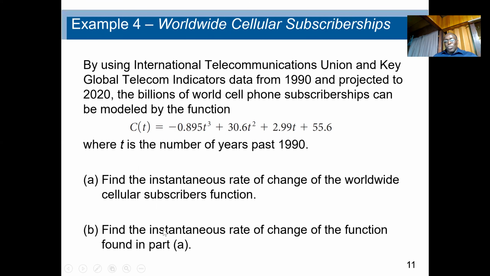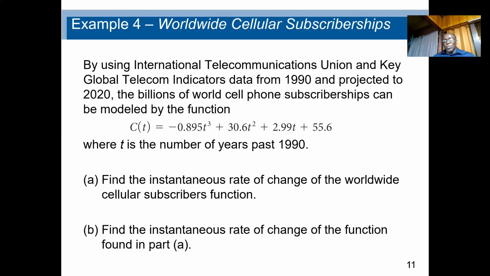So we have an application question here. Here they say, by using International Telecommunication Union and key global telecom indicators data from 1990 and projected to 2020, the billions of world cell phone subscriberships can be modeled by the following function.